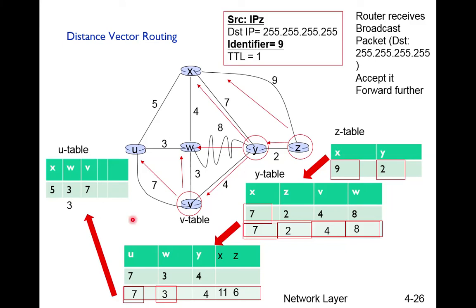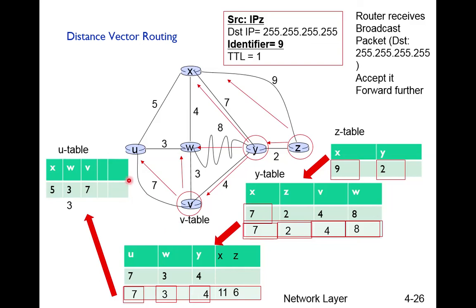The next entry in the table is for Y. For Y, presently U doesn't know about it, so this Y is a new entry, new information, and it will be accepted. But what is its distance? From U to V it is 7, and from V to Y it is 4. So 7 plus 4 is 11.